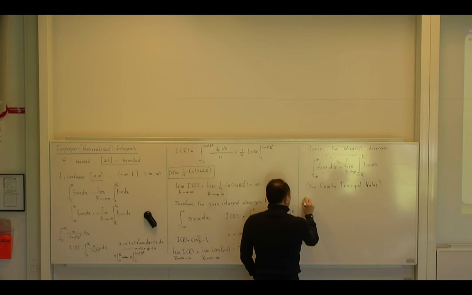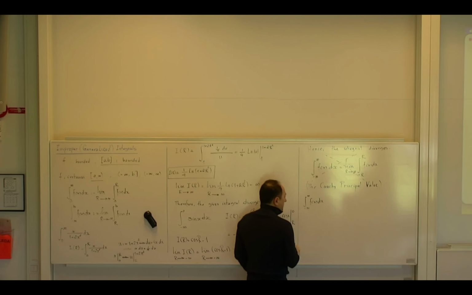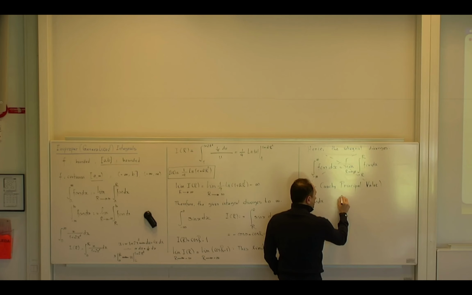If integral from minus infinity to infinity, this seems a little bit subtle definition. We say that this integral converges if for every choice of number c, these two integrals converge.